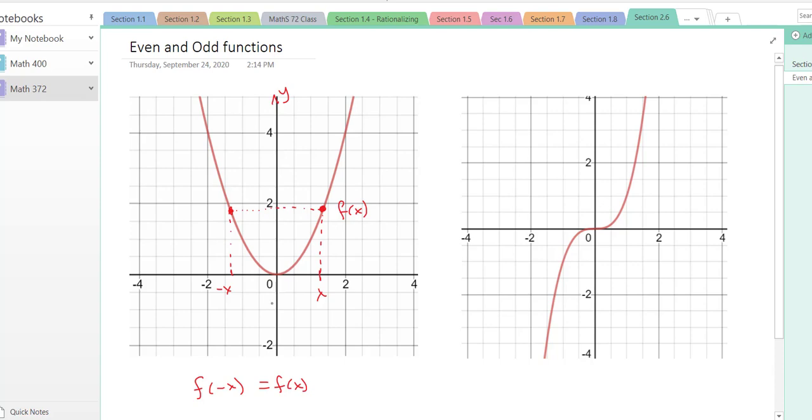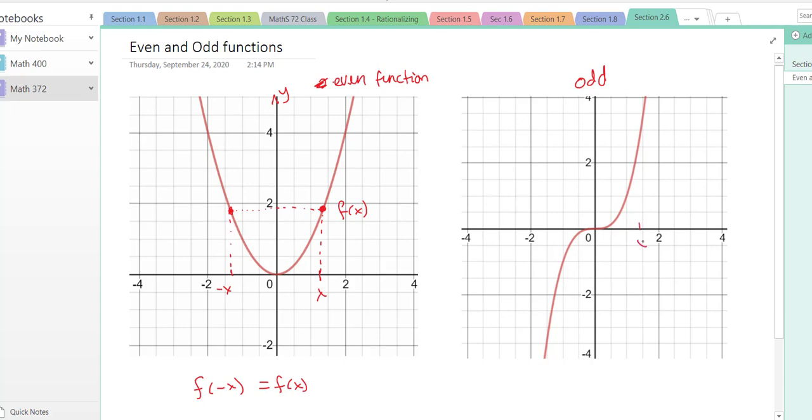Again, imagine you can fold it along the y-axis, and as you fold it, the two sides will match up. So this is an example of an even function. Now this one here is an odd function, and an odd function has symmetry about the origin.